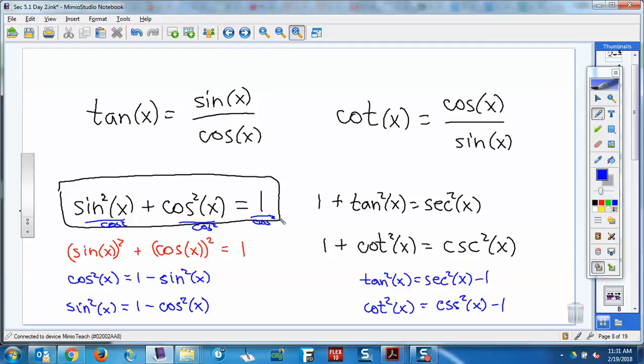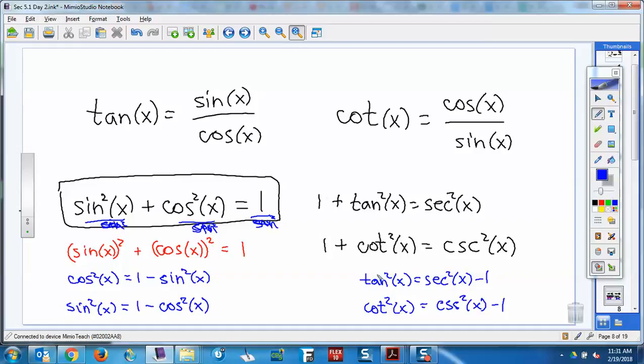Or I can divide everything by sine squared, and I get 1 plus cotangent squared equals cosecant squared. So you can always get them from sine squared plus cosine squared equals 1, if you can't remember.